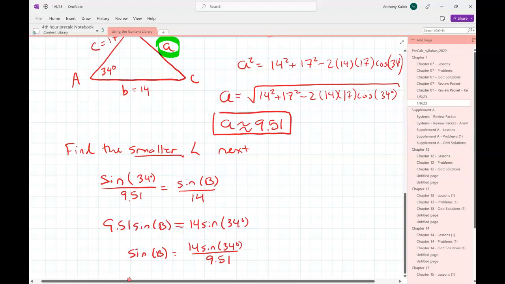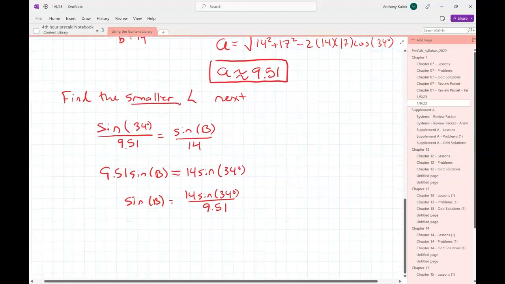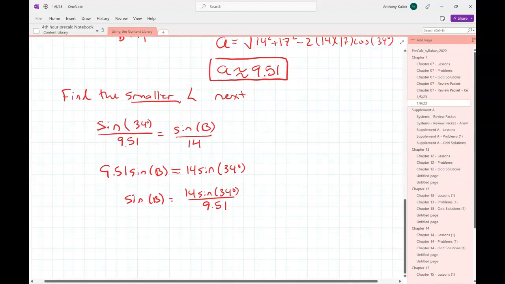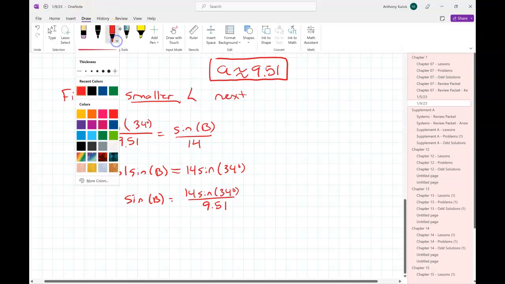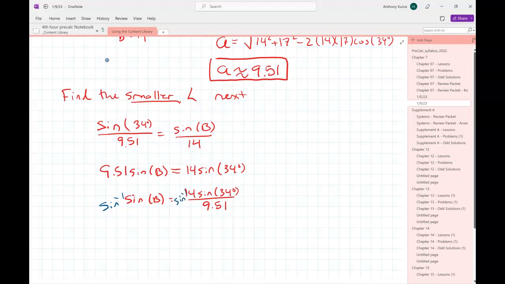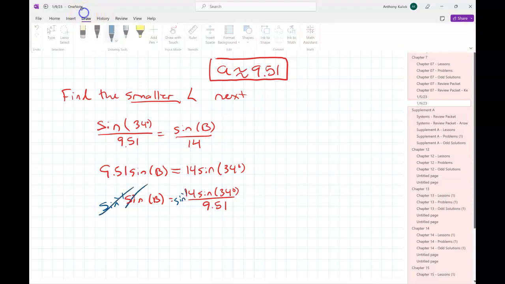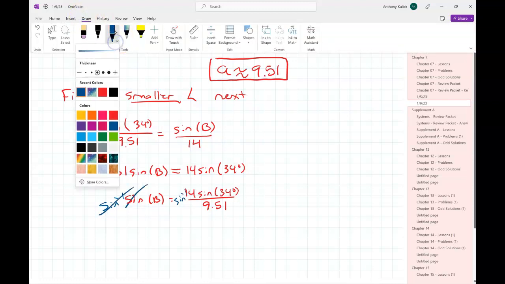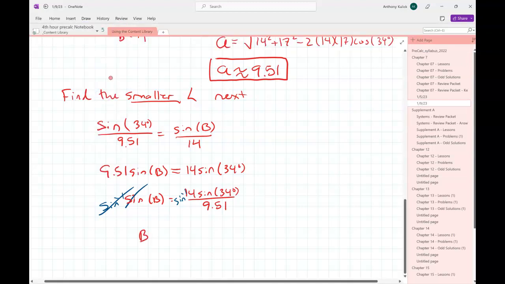And then how do I get rid of the sine that's in front of the B there? What do I use to get rid of the sine in front of the B? Yeah, sine inverse, very good. So I apply sine inverse to both sides. The sine inverse just cancels out the sine. And then into my calculator, I'm going to type this.